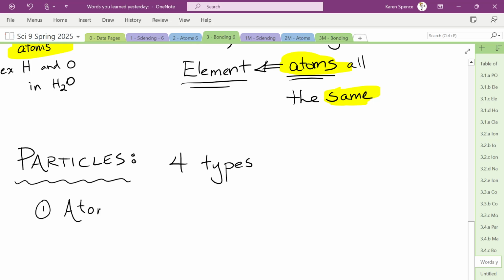Okay, so we have the atom. An atom could look like this. An atom could look like this. An atom could look like this. Okay, basically, unless we're doing a detailed Bohr model, we just represent them with a circle. Okay, that's how we draw atoms.